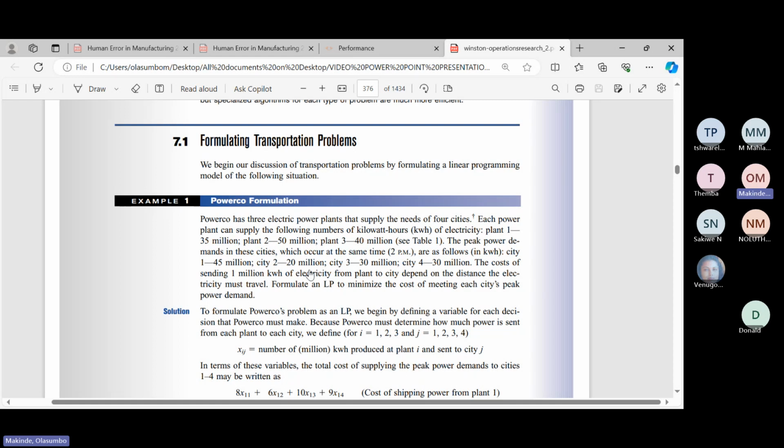Hence, they must load shed somewhere or find a means of increasing their electricity generation supply, because most of the time, as soon as the turbines and the boilers responsible for generating electricity are down, then we are losing, because the machines are down, then they are losing production. Hence, what they can generate will be low. And in this case, the demand is more than supply. Hence, they have to load shed at some point.